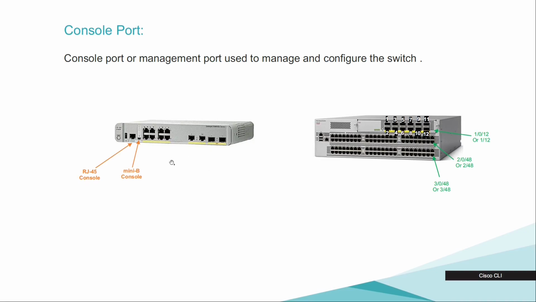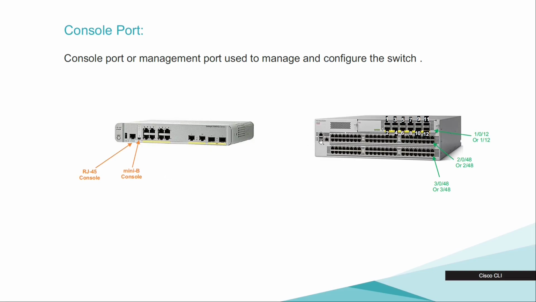The console port can be an RJ45 console port, as shown here, or a mini B console port. The old switches support only the RJ45 console port, but currently we can use the RJ45 console port or the mini B console port.